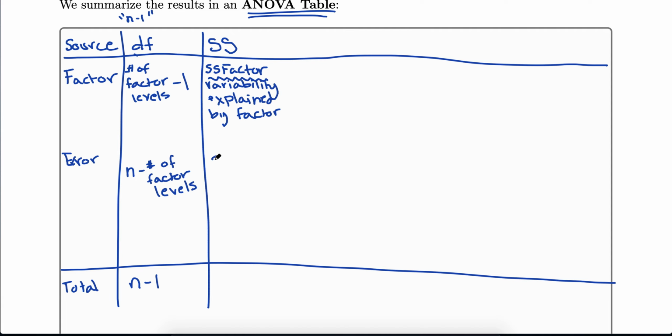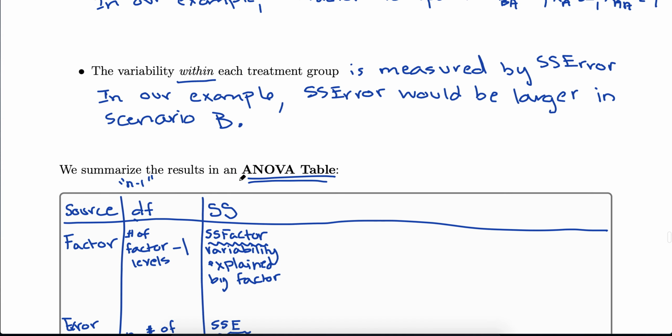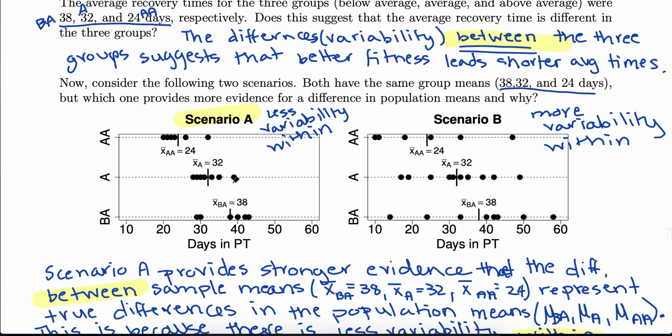The next one is our sum of squares error. And this guy is our unexplained variability, variability unexplained by the factor. Let me point that out in our picture up here. That was the variability within each group.